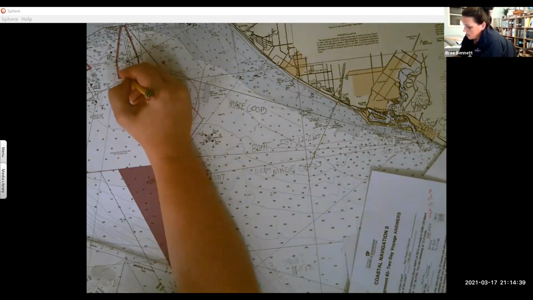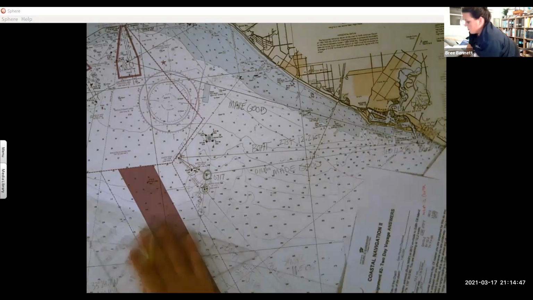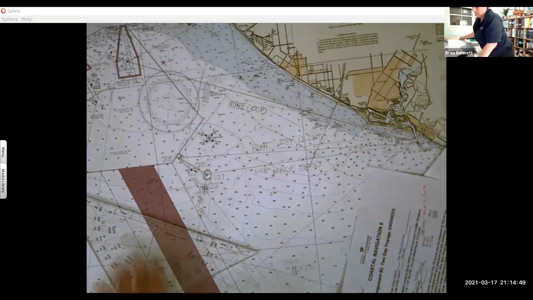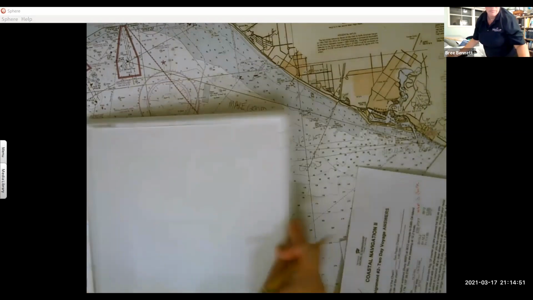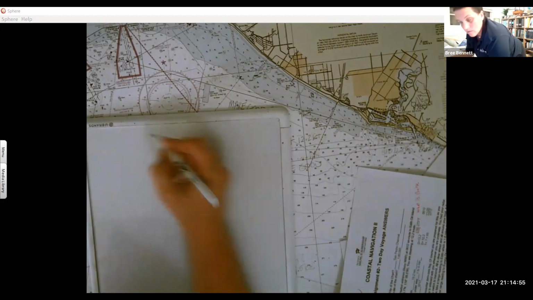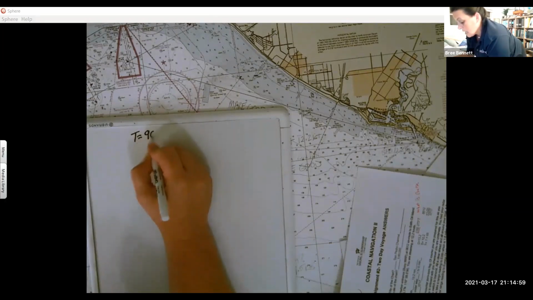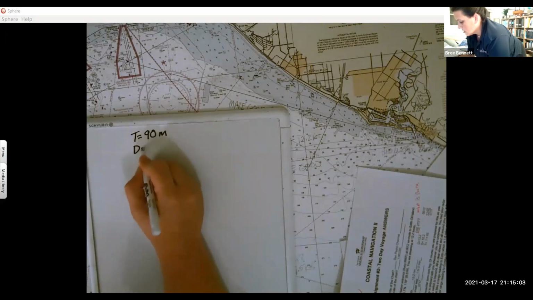So here is 1500 and here is 1600. That gives me a time of 90 minutes, a distance, and I'm looking for speed.